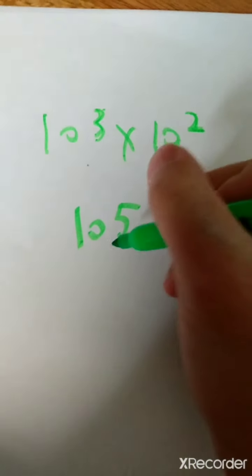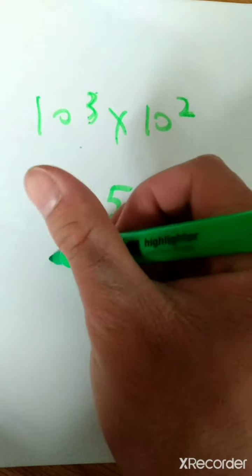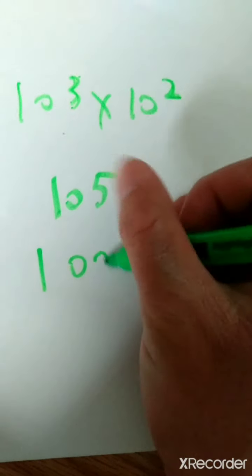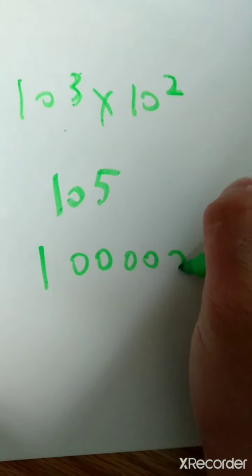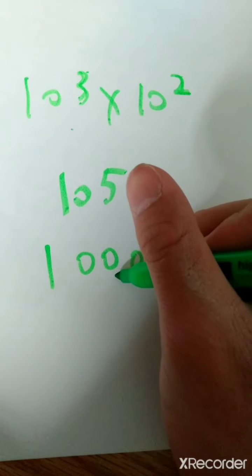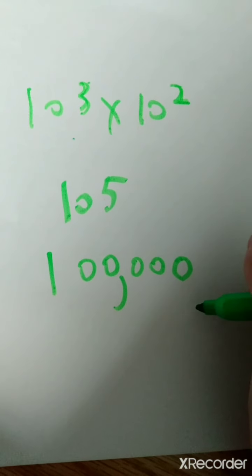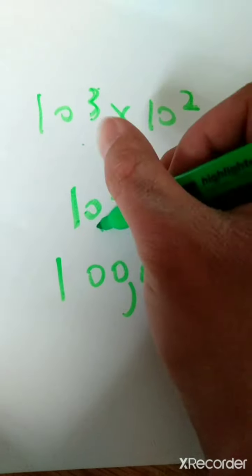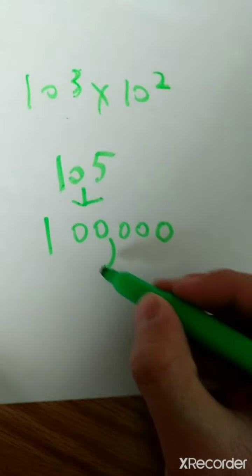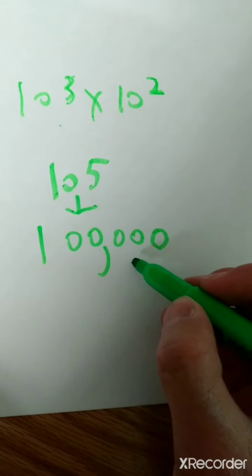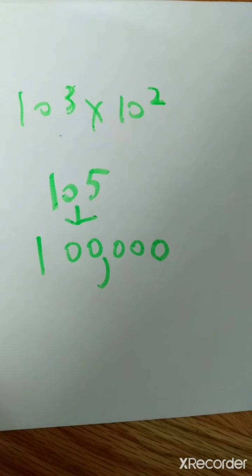If you want 10 to the power of 5 in number form, it's going to be 5 zeros, and that is 100,000. 10 to the power of 5 in its expanded form or its number form is 100,000.